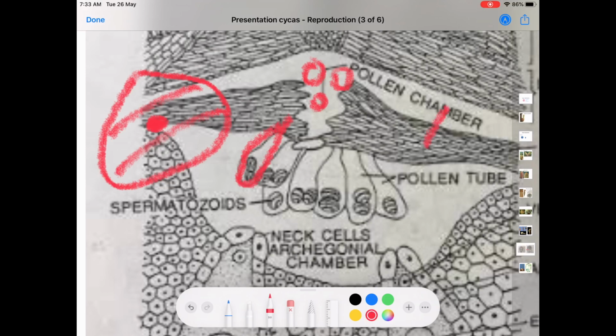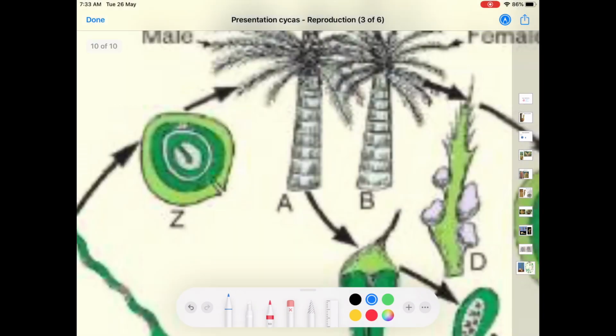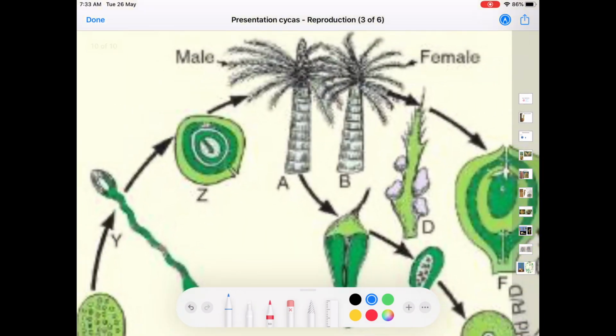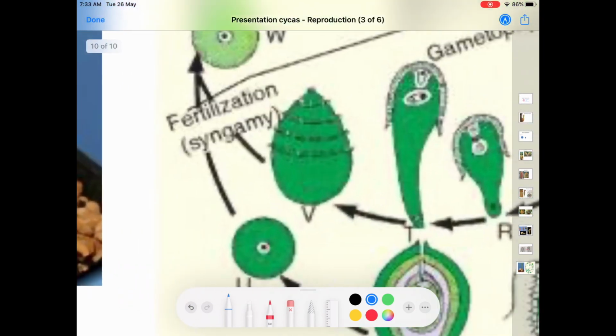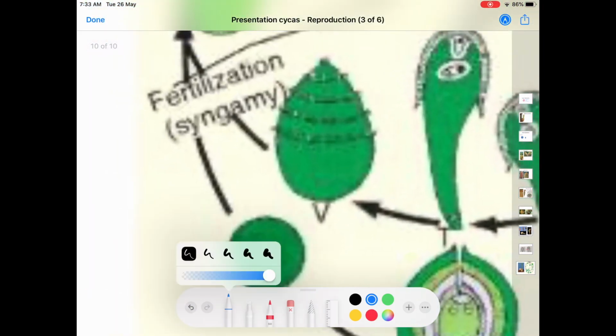The sperms will be conical in shape and will be having spirally arranged flagella. See this, like this. This is the structure of sperms.